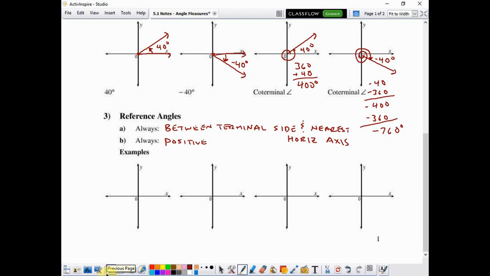So an example, we'll just continue with our 40-degree angle. The standard measure of that is 40 degrees. The reference angle is the number of degrees from this terminal side to this nearest horizontal axis, which also happens to be 40 degrees.